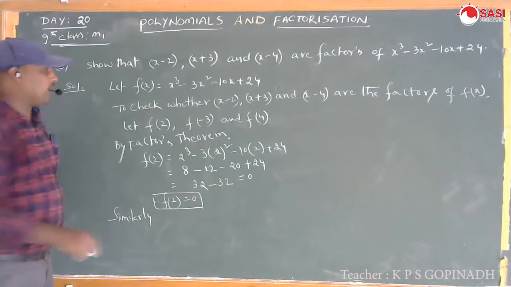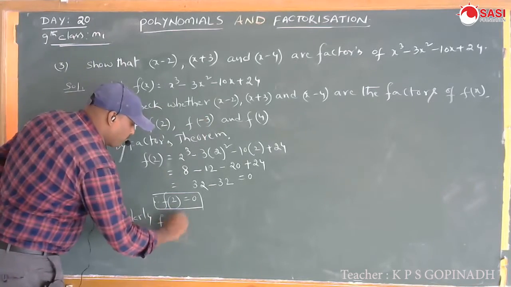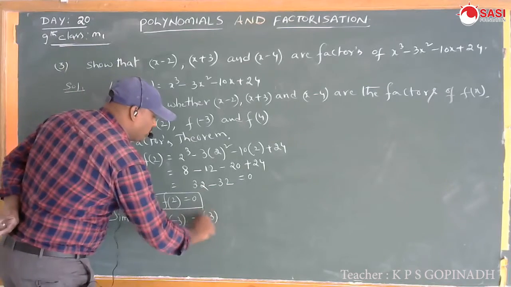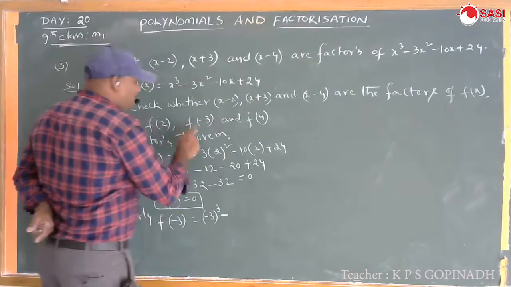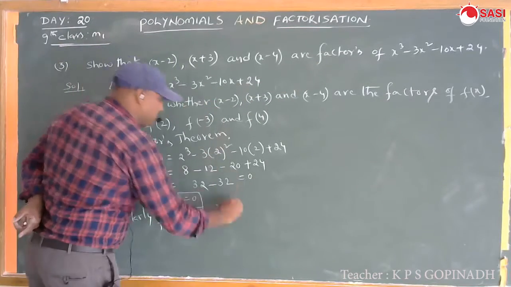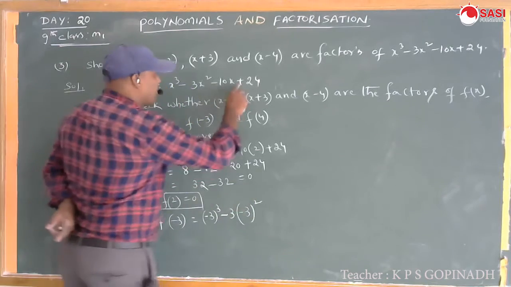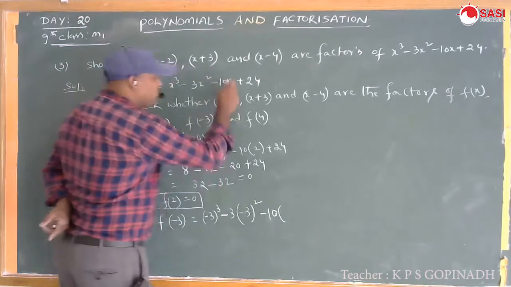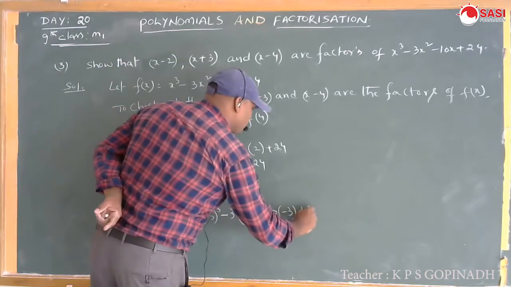Similarly, we have to calculate f of minus 3. Minus 3 means minus 3 whole cube, next minus 3 into x square means minus 3 whole square, minus 10 of x means minus 3, plus 24.